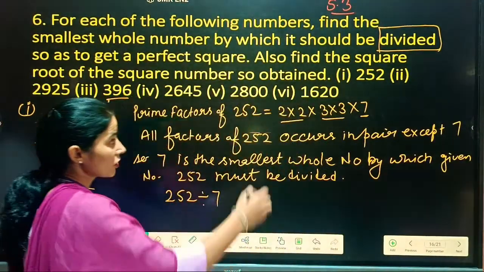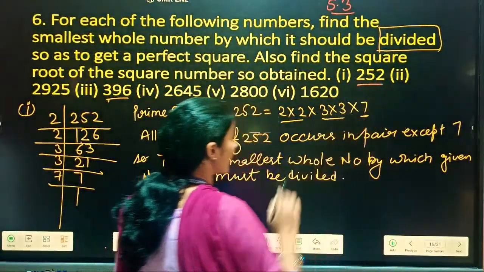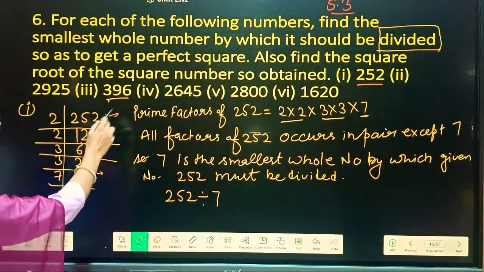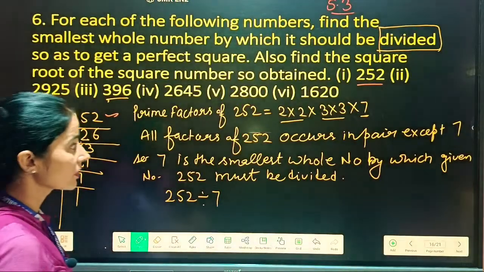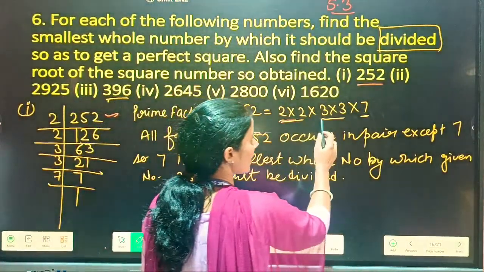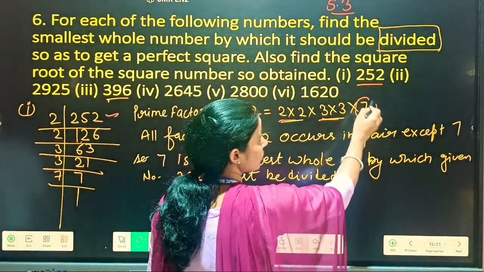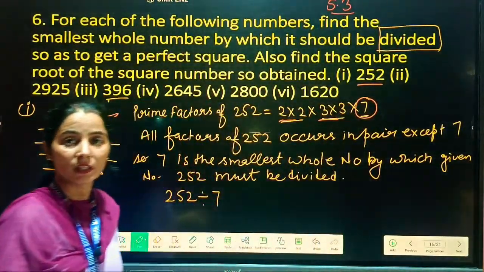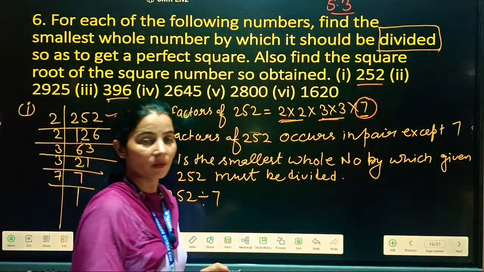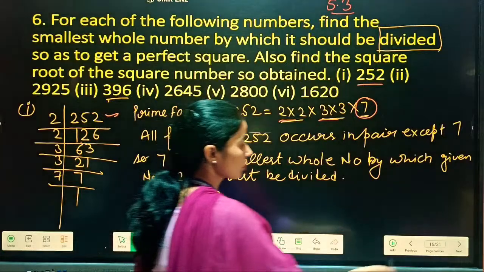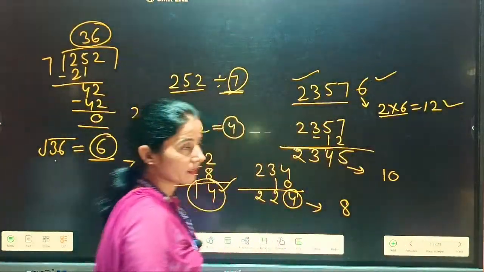Okay, see, the first part we already discussed in the last video. We will factorize the given number 252, and after that we will check whether all these factors are in pair or not. There we got 7 as the smallest number which is not in pair. So we will divide our given number by 7. After dividing by 7, we will get a perfect square number.